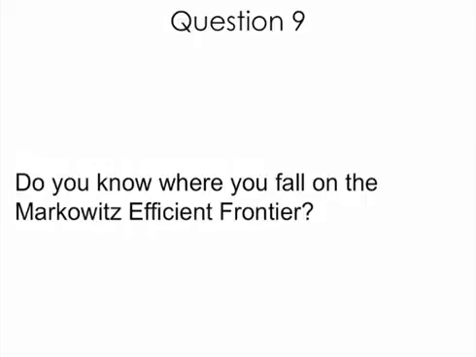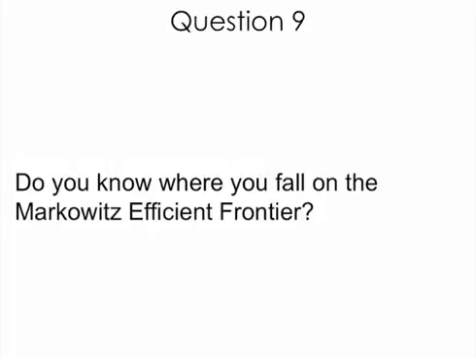Number 9. Do you know where you fall on the Markowitz efficient frontier? So Markowitz, and we discussed this in earlier workshops, won a Nobel Prize in 1990, and he determined that you can actually identify portfolio volatility by looking at historic rates of return and asset correlation. You can then use modern statistics and analysis to create a portfolio that optimizes potential return for whatever level of risk you're willing to take on.